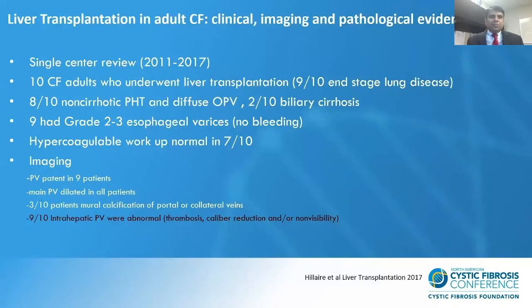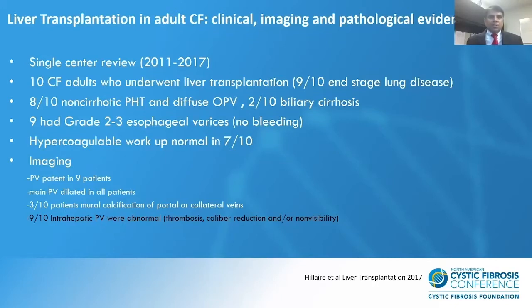This is the paper published in Liver Transplantation Journal from France. As you can see here, this is a single center review over 6 years time period. 10 adult patients who underwent liver transplant for CFLD with portal hypertension. 8 had non-cirrhotic portal hypertension with grade 2 to 3 fibrosis and diffuse obliterative portal venopathy. Only 2 had biliary cirrhosis.